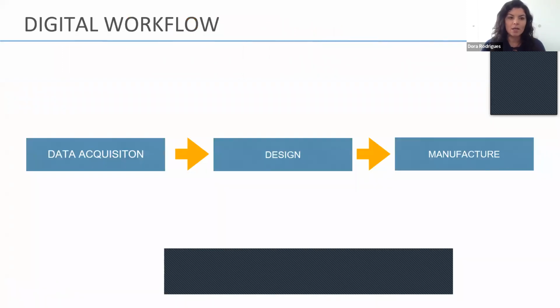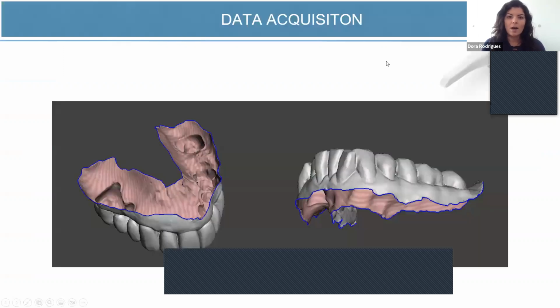So in order to understand the digital workflow, you have to be really comfortable with data acquisition, design, and manufacture. What do I mean by that? Data acquisition is not so much getting your STL files and pre-planning your designs.